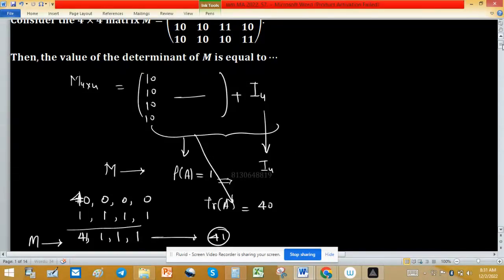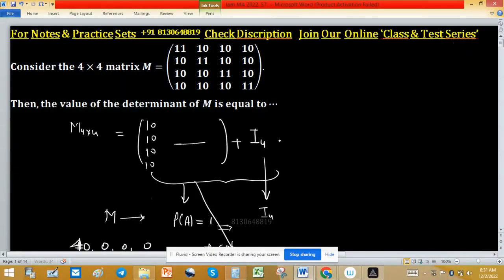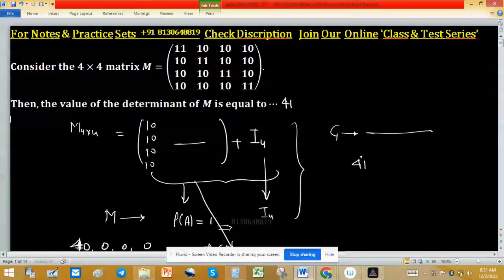So the value of the determinant of this matrix M is 41. Also you can find the answer using column operations and row operations. In the first column, take the sum of all columns, and you can take 41 outside and apply elementary row operations. In this manner, you can also find the determinant of this matrix.